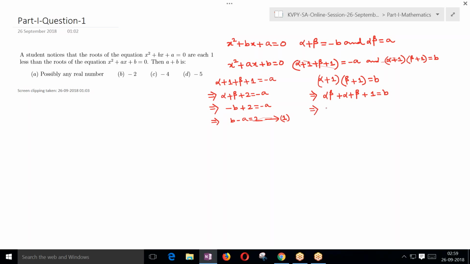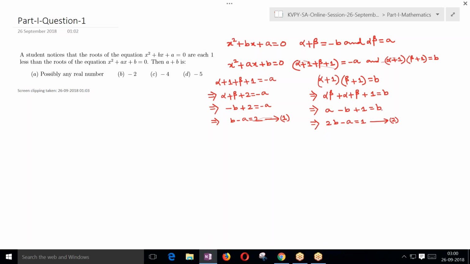Now we know alpha into beta equal to a and alpha plus beta equal to minus b, so a minus b plus 1 is equal to b. So from here we get 2b minus a is equal to 1, and let us give this as equation number 2.